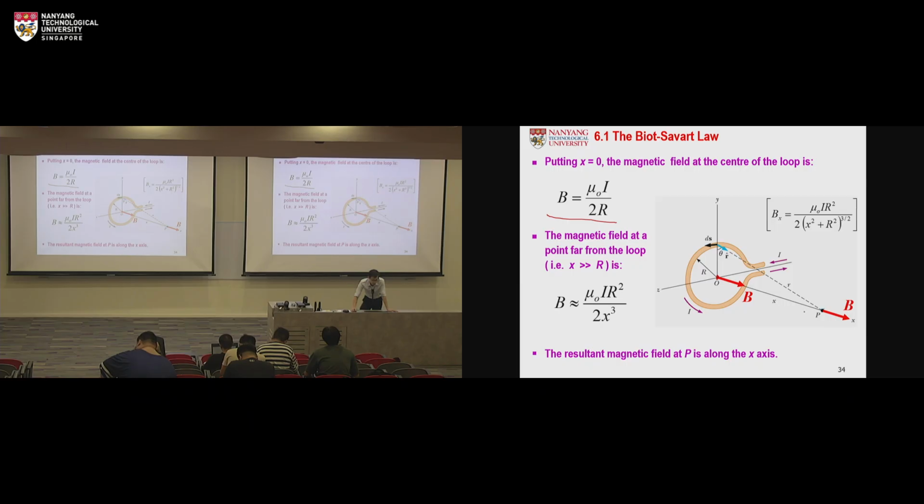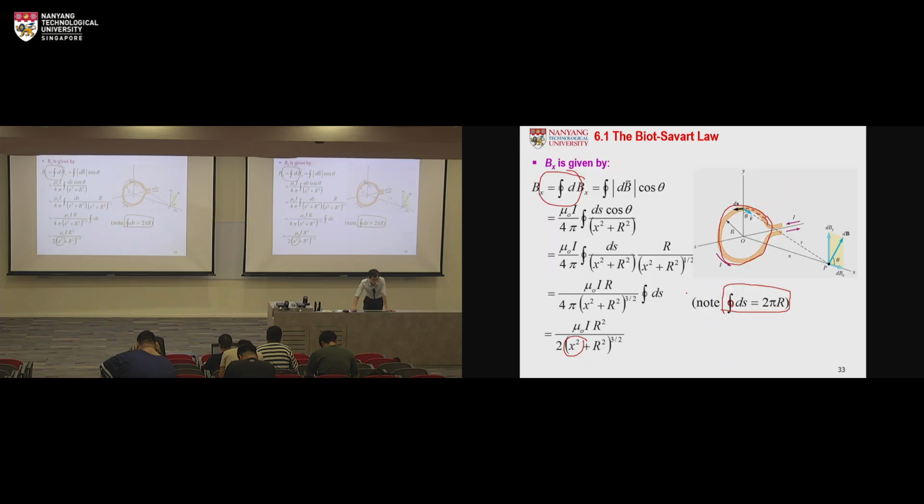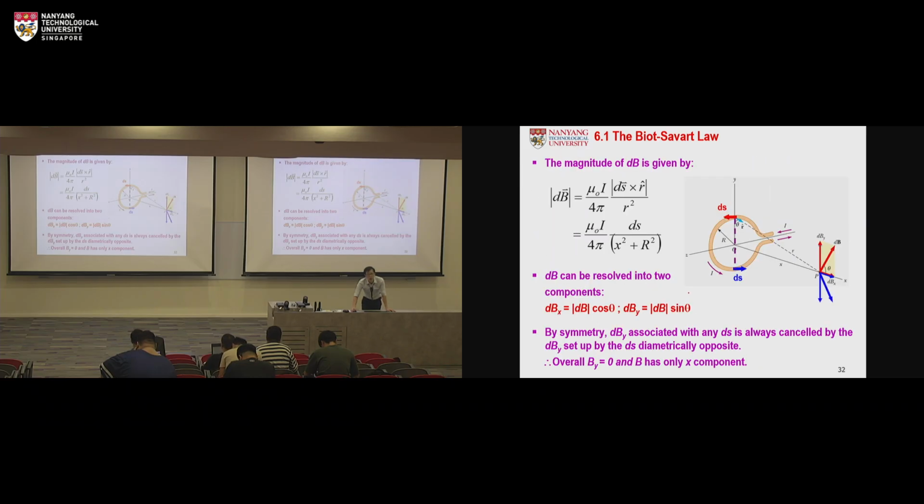And if you make this infinitely far away, that is, x much larger than this r, you can find another equation. Again, this is not to say you need to memorize anything. This is just to give you an idea. Even for this kind of complicated current source, the way we do it is still the same.